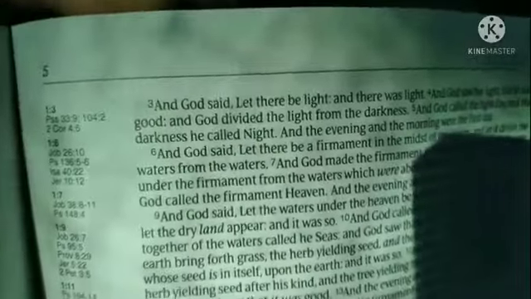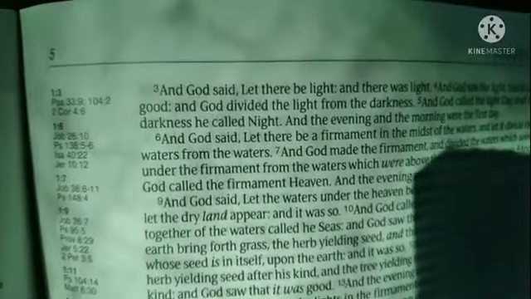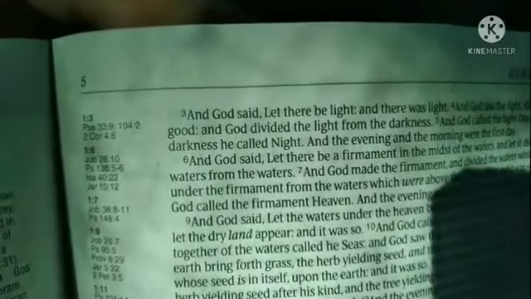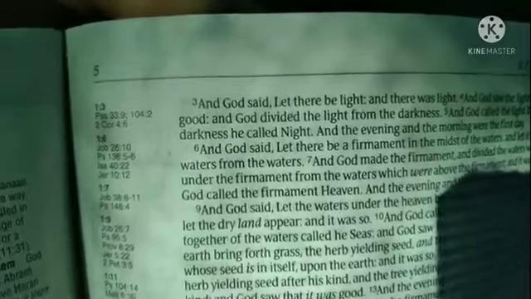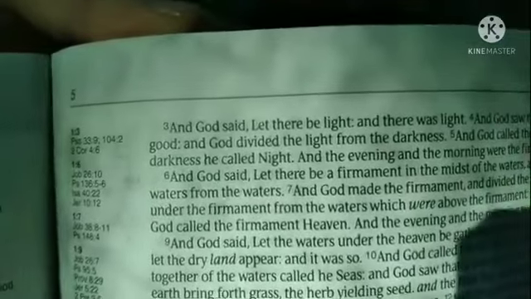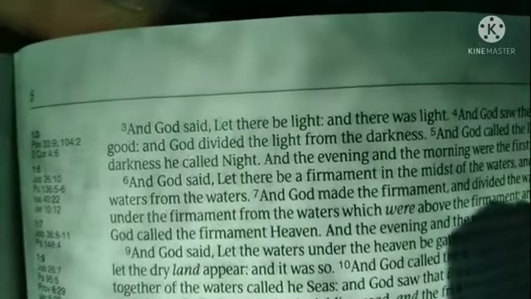And the earth was without form and void, and darkness was upon the face of the deep, and the Spirit of God moved upon the face of the waters. Now this gets important right here. And God said, and when God said, that means the sound that came out of his mouth, frequency. So, and God said, let there be light, and there was light.